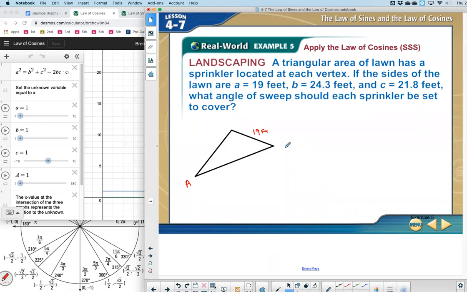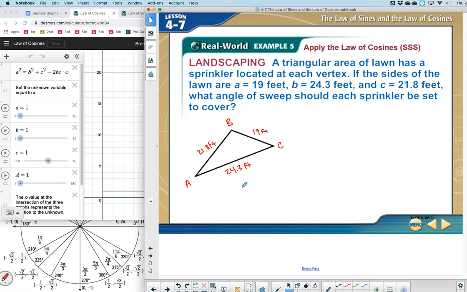The longest side here is 24.3 feet. And the middle side is 21.8 feet. And it says, what angle of sweep should each sprinkler cover? So we're looking for the angles. Do I have a completed set on this problem?